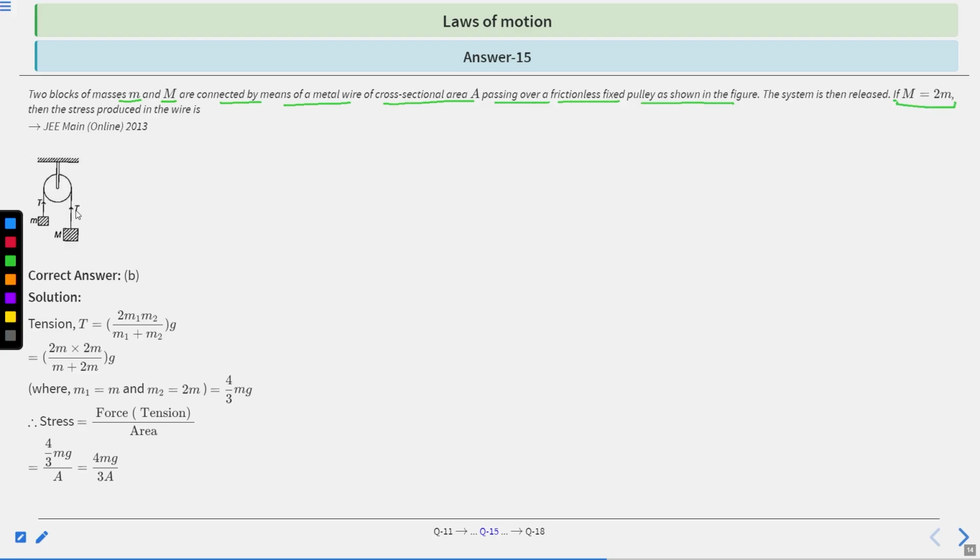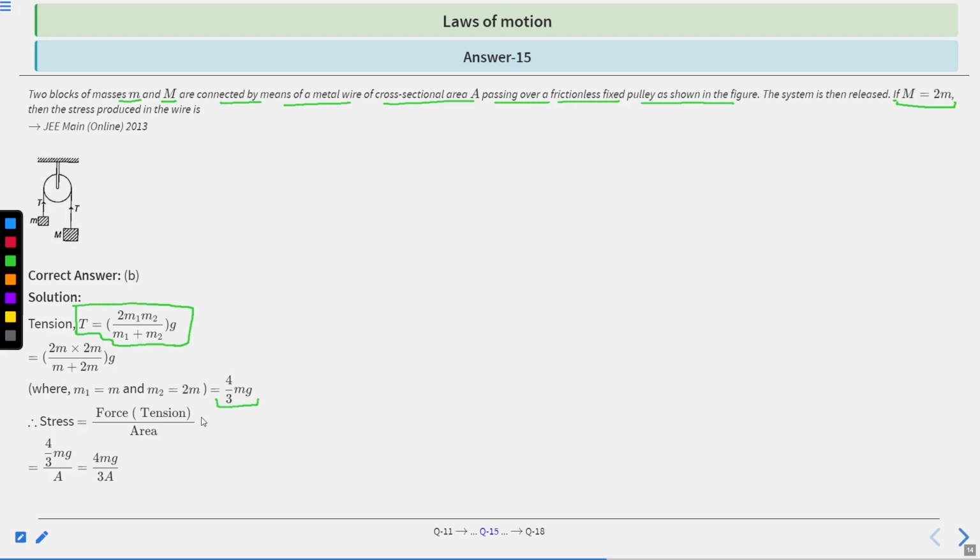So the tension in the string is T equals 2 m1 m2 divided by (m1 plus m2) multiplied by g, where g is acceleration due to gravity. Putting all the terms in this formula, it becomes 4 by 3 mg.